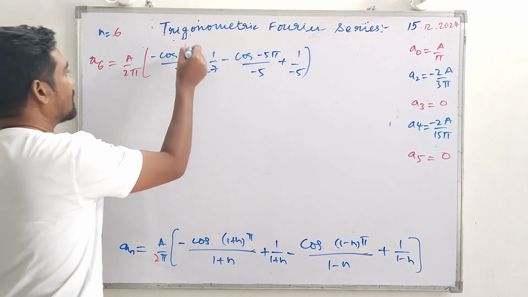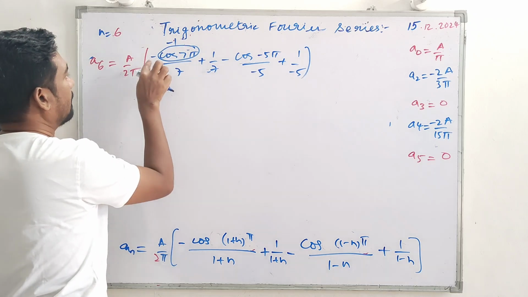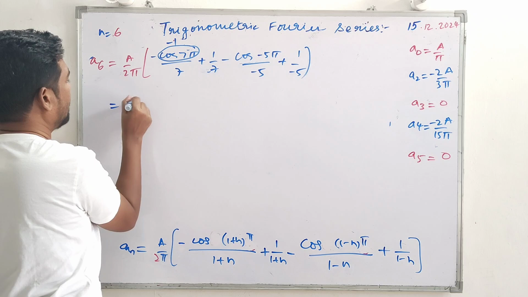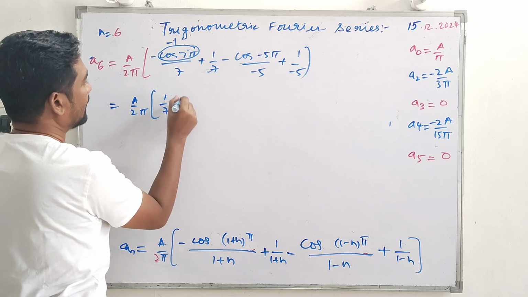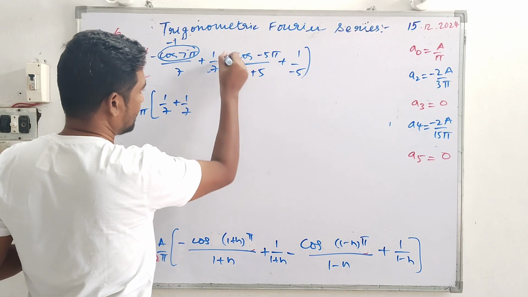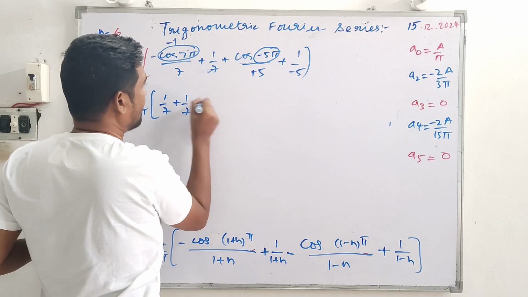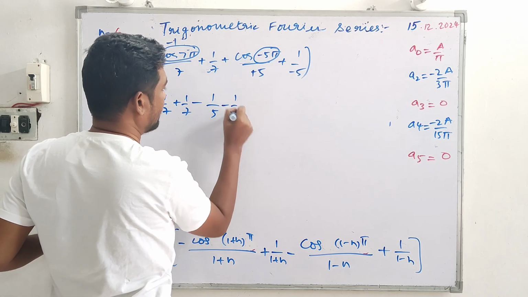What changes over here? This is an odd pi resulting in minus 1. So minus 1 into minus 1, minus into minus, it's a plus. So A by 2 pi, 1 by 7 plus 1 by 7. Once again this is a plus, but still it's an odd pi resulting in minus 1 by 5, and here we have negative, minus 1 by 5.